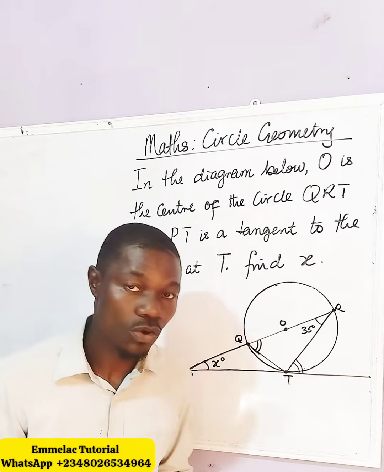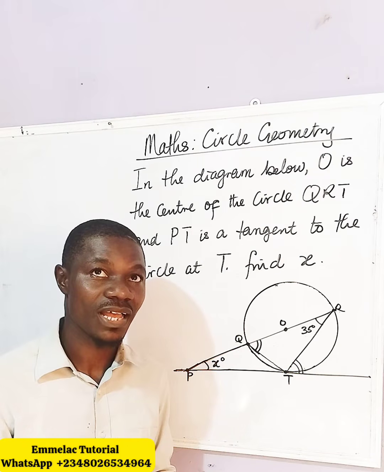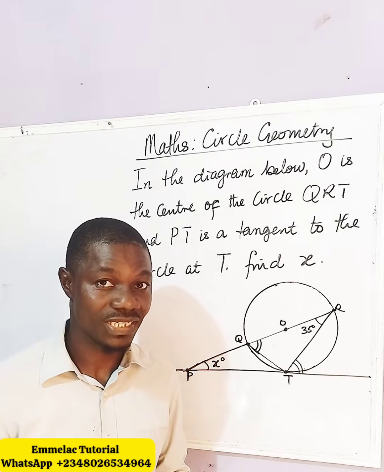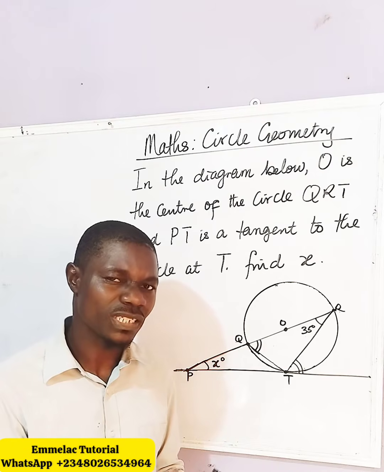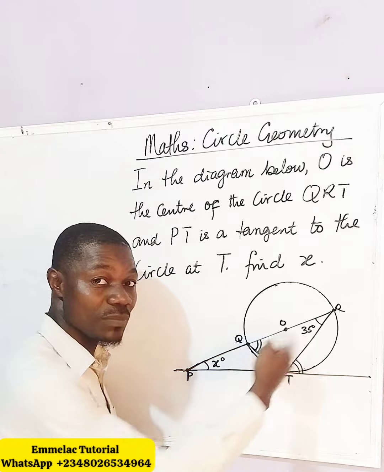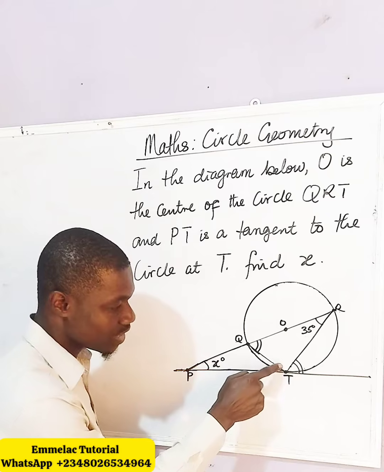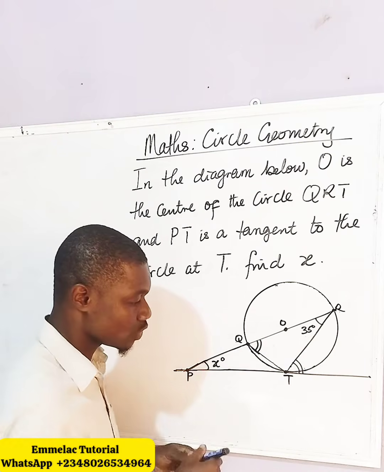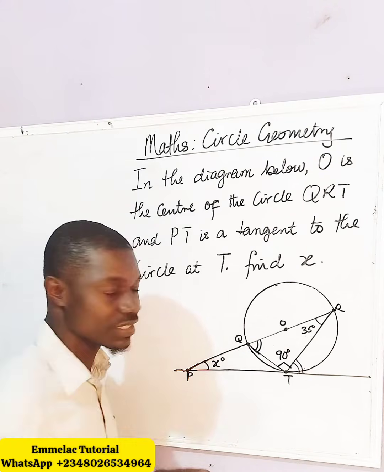There's a theorem in circle geometry that says that an angle subtended from a semicircle is 90 degrees. It means that any angle that is stretched from a semicircle is 90 degrees. So this is that angle stretched from the semicircle, and we label it 90 degrees.